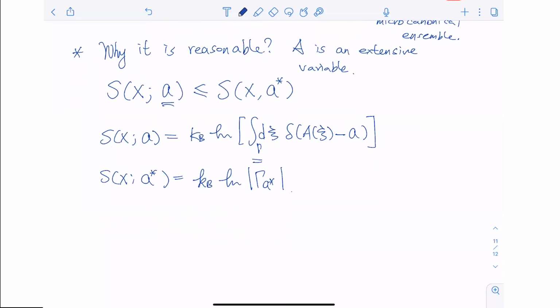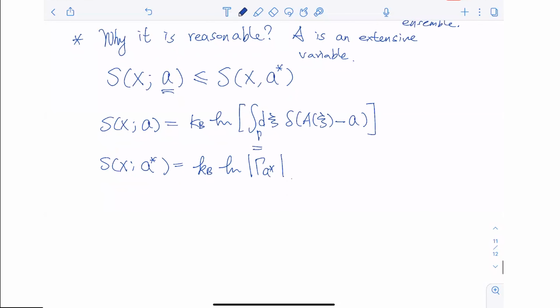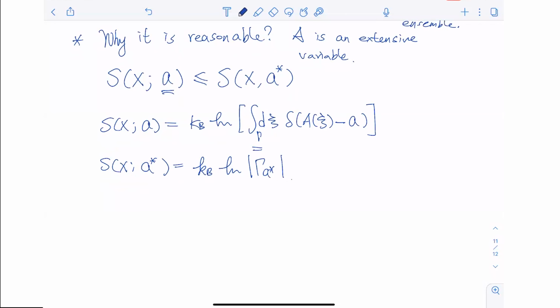So in the previous discussion, when we discussed the behavior of energy, we said that even though we want to consider all the accessible phase space volume, it turns out that most of the contribution came from the equilibrium volume. So we want to ask, can we make a similar argument in this case?